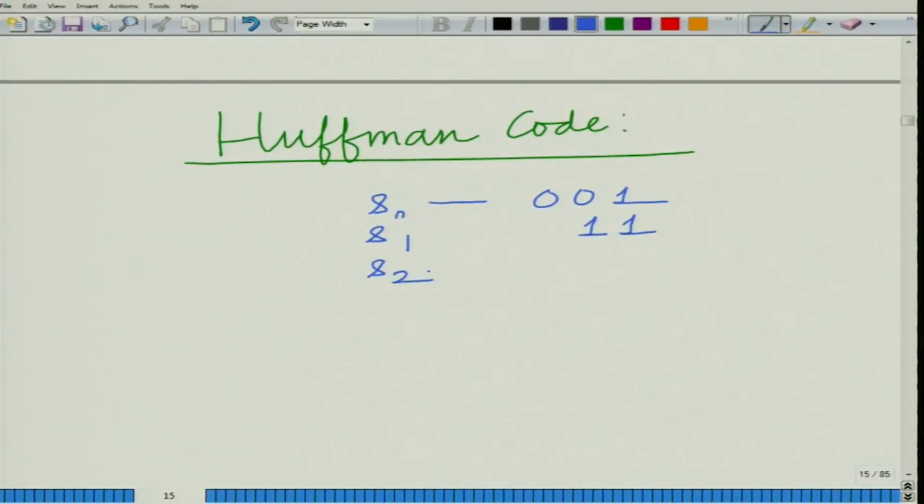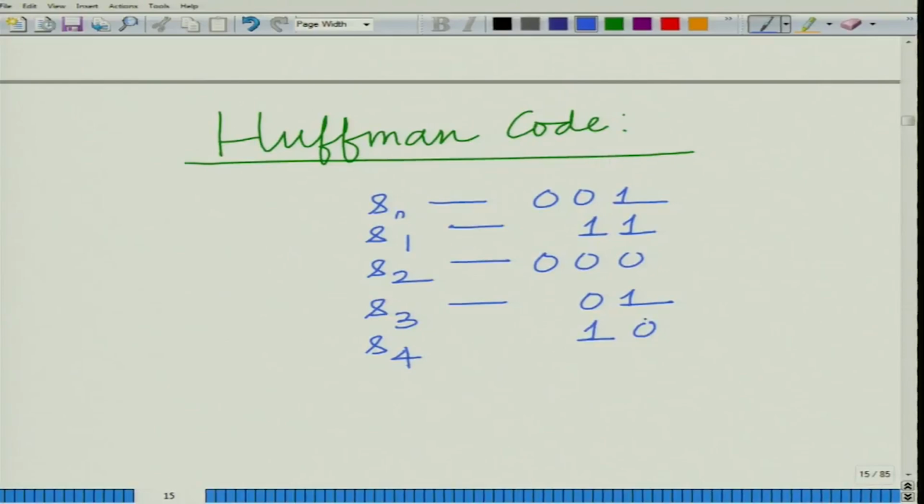You can find this from the tree. For S2 we have already seen we have 0 0 0, okay. S3 we have 0 1, and S4 is represented using the 2 bits 1 0, okay. And you can observe, so this is basically your Huffman code, okay.